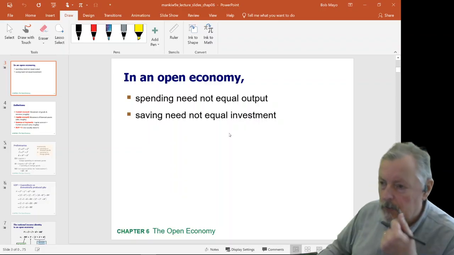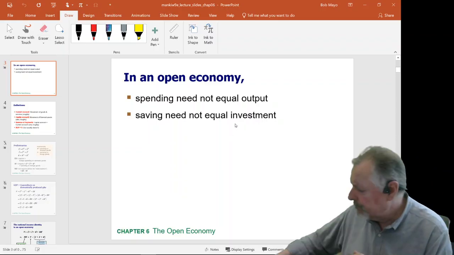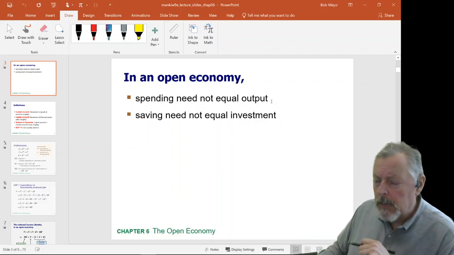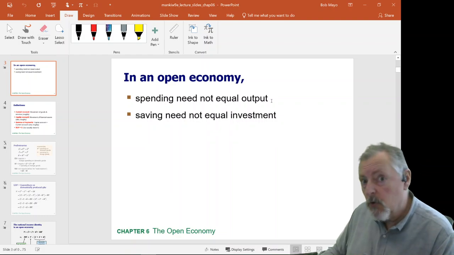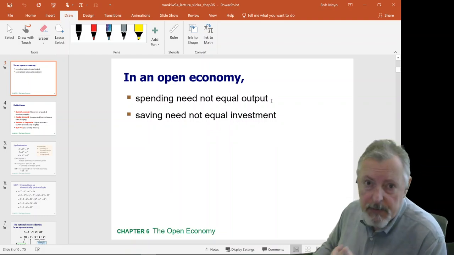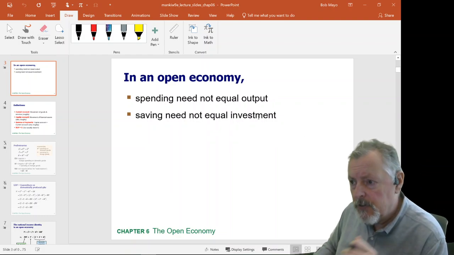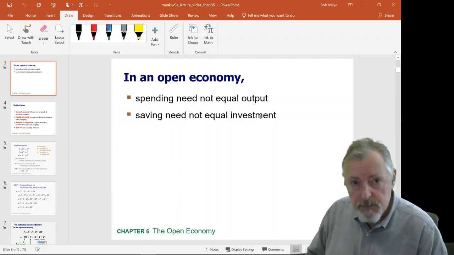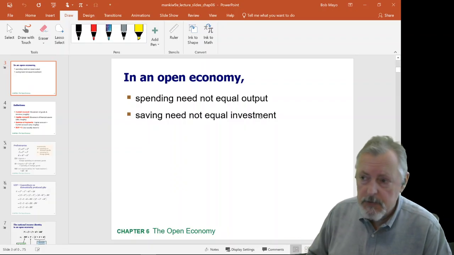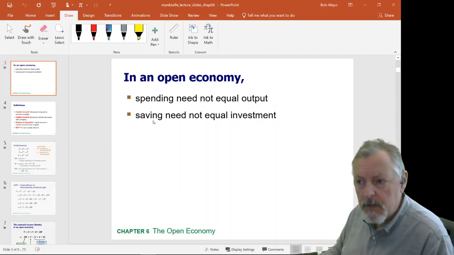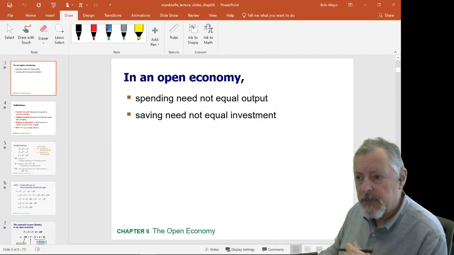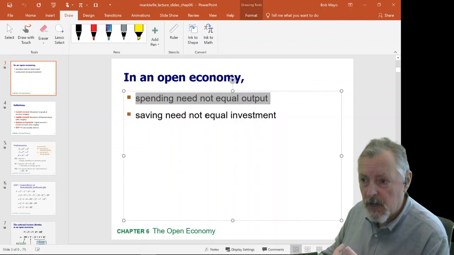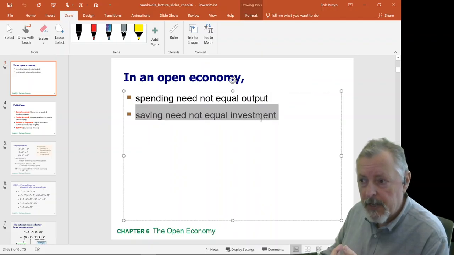In an open economy, you can consume more than you produce, at least temporarily, by importing. And you can invest. In a closed economy, if you want to invest money, you have to save it first. In an open economy, you don't have to, because just as goods can go in and out of the economy, so can capital.